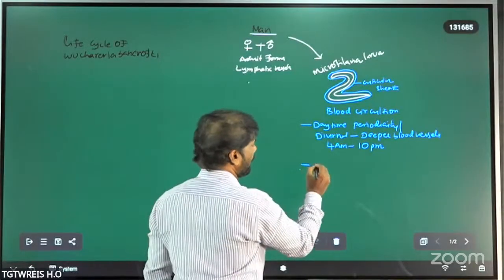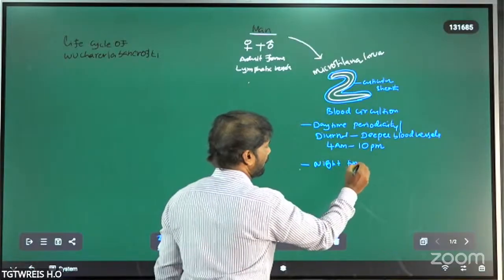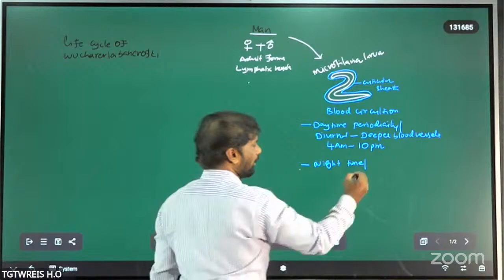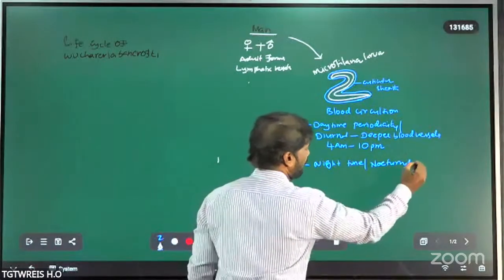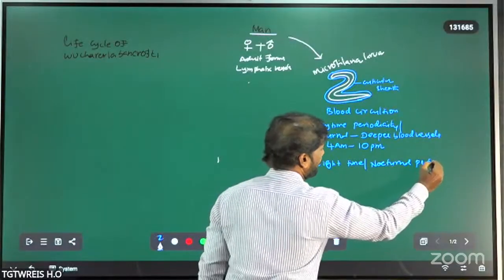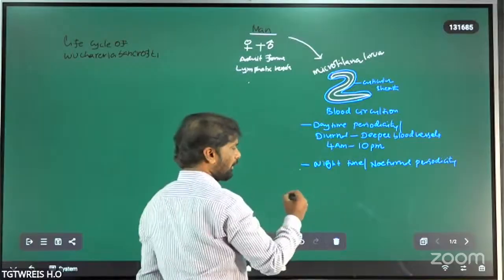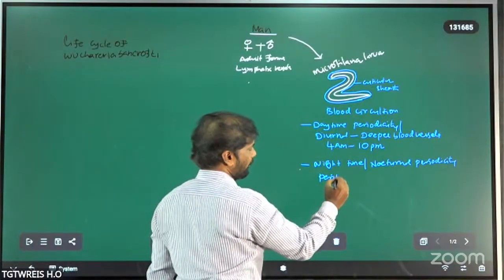Now, in the night time, we can say night periodicity, which is technically known as nocturnal periodicity. This nocturnal periodicity takes place in the peripheral blood vessels.